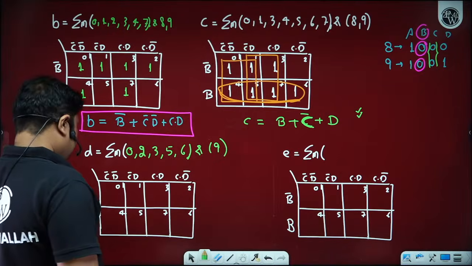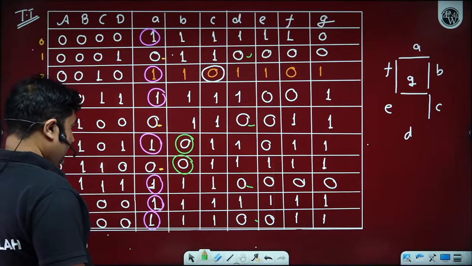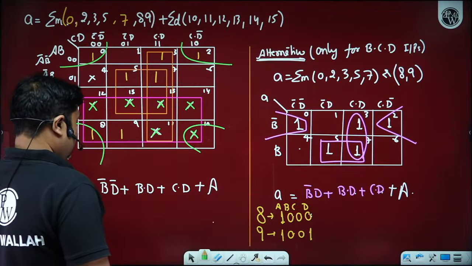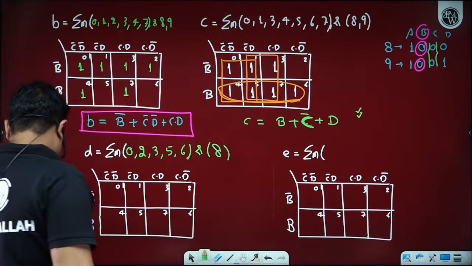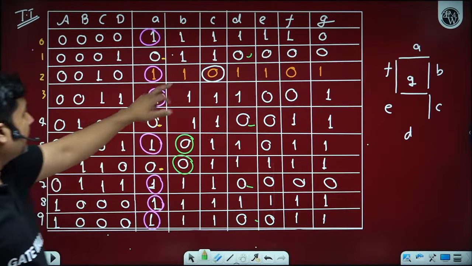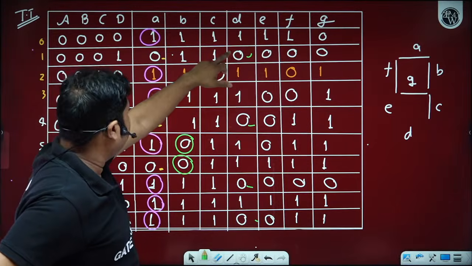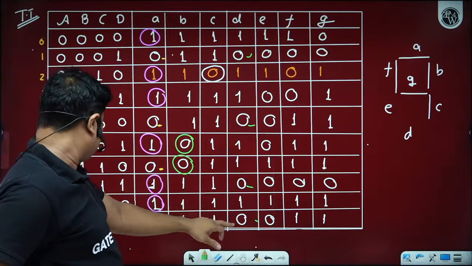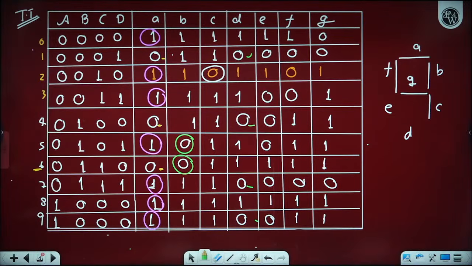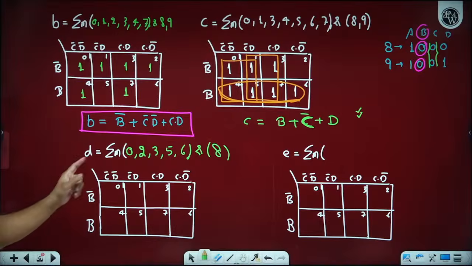How is it possible? 8 is high everywhere, no? 9, it is low. It is low on 9. So for D we have 1, 4, 7 and 9. 1, 4, 7, 9 we are getting low.